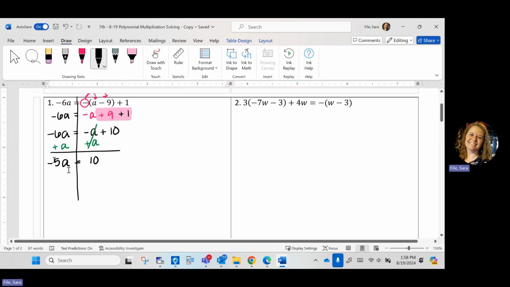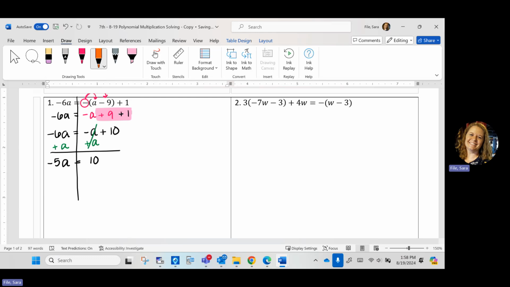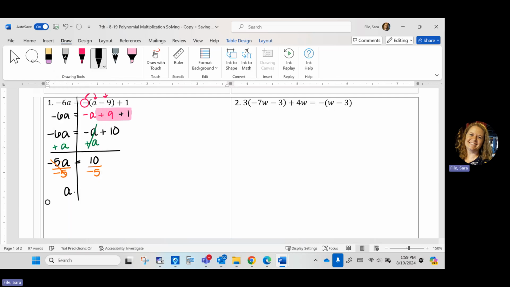So who remembers from previous years, what do I do to get rid of this coefficient in front of the a? I'm going to divide. The reason I'm dividing is because to move things, I do the opposite operation. And this is negative 5 times a, so the opposite is to divide. So divide by the negative 5. What you do to one side, you do to the other. So that reduces down to just a equals negative 2.